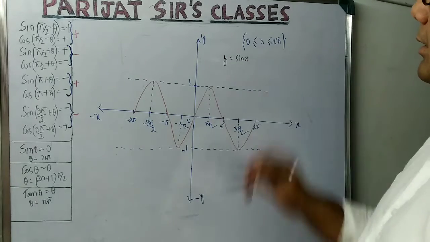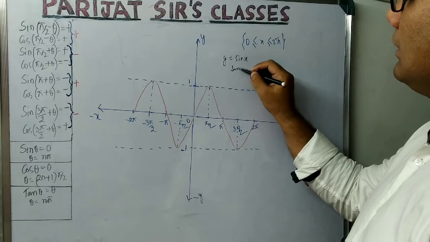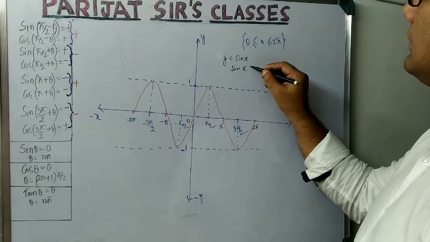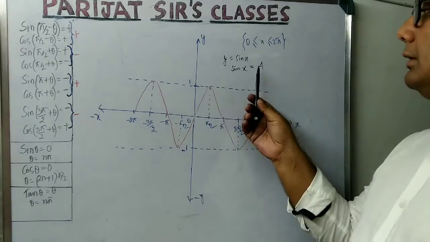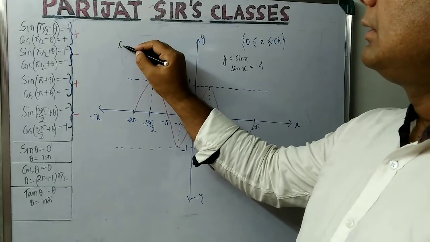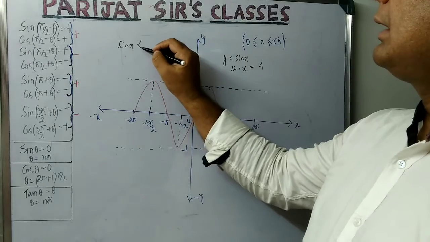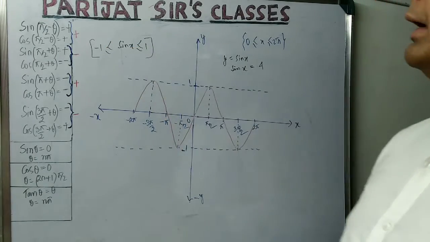So if I say that the value of sine x is coming as 4, is it possible? It is never possible, because sine x's value will lie from minus 1 to 1.